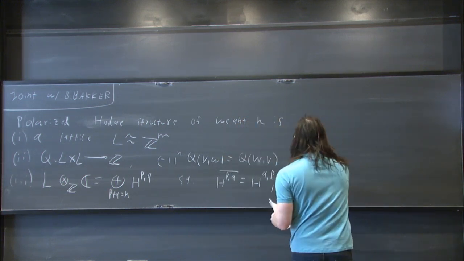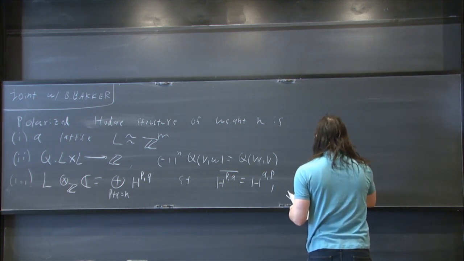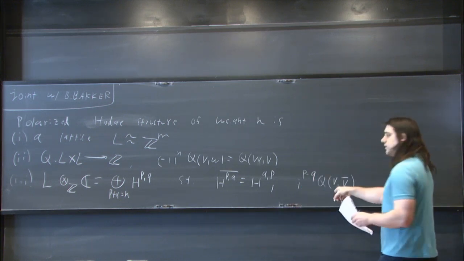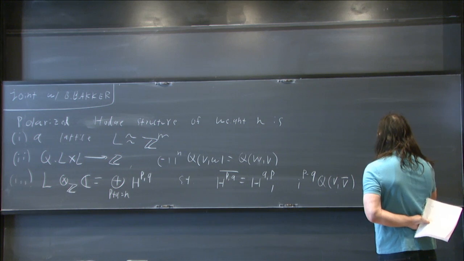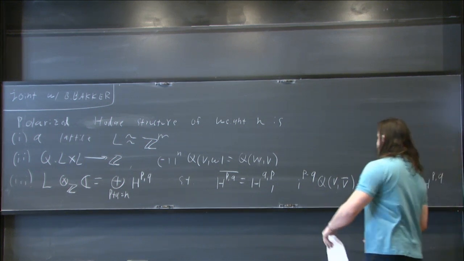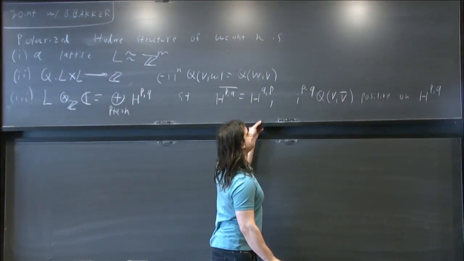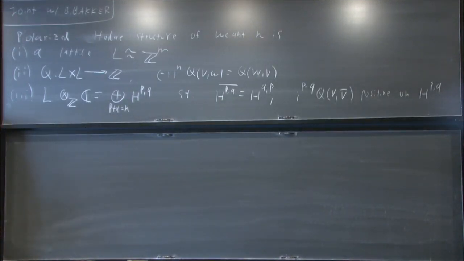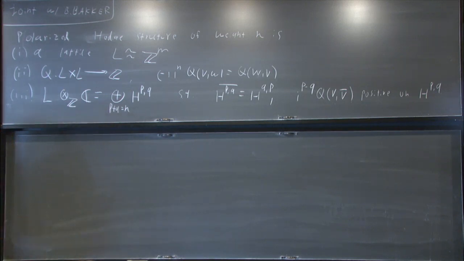And second of all, i^{p-q} times Q(v, v bar) is positive on H^{p,q}, except it's obviously 0 on 0. These three things define a polarized Hodge structure. The polarization is what's referred to by Q here.